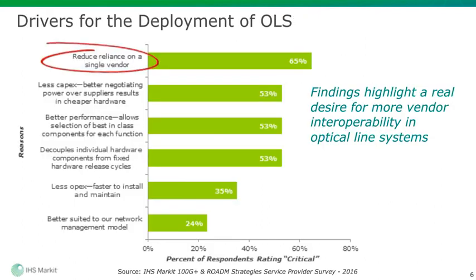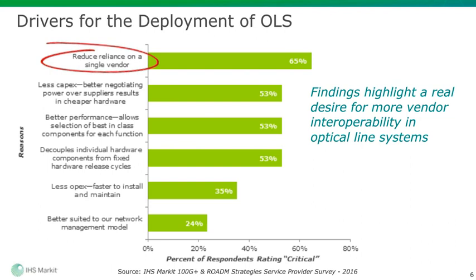From the same survey, we also checked in on the current view of what would be the expected drivers of going down this path. What are we hoping to achieve in considering open line systems? And at the very, very top of the list came out a reduced reliance on single vendor solution. And then if you go down the list, you can see several things with respect to reducing costs.